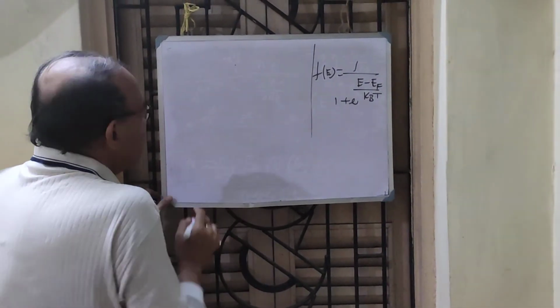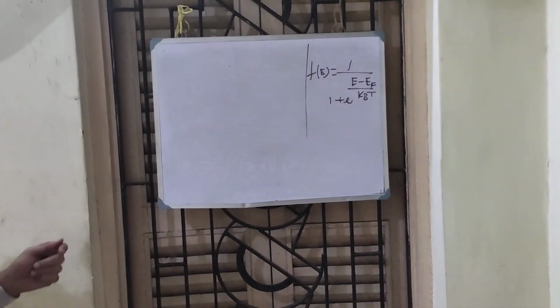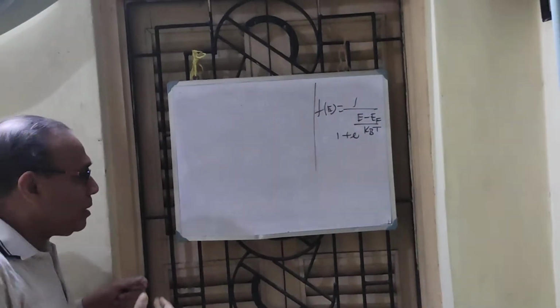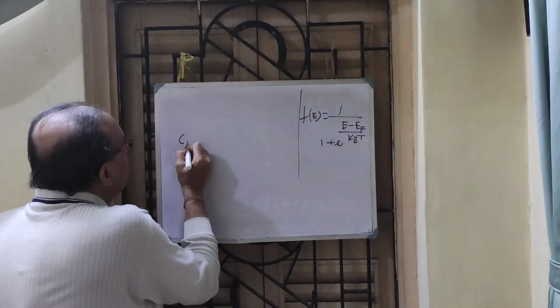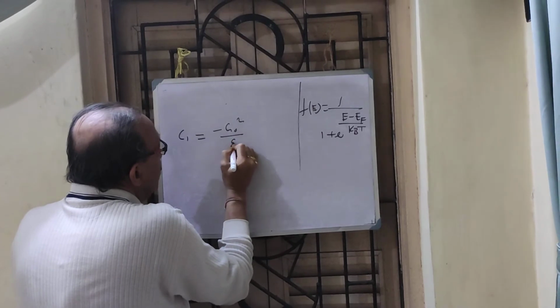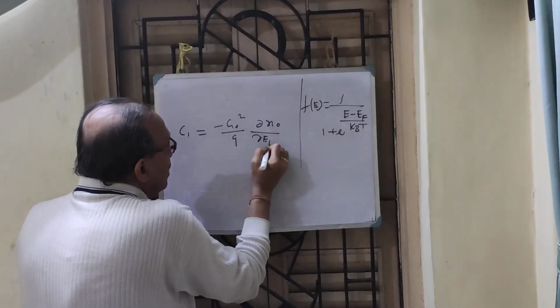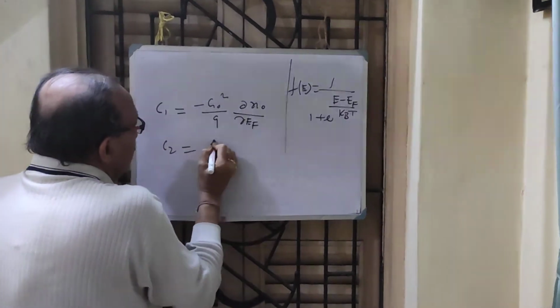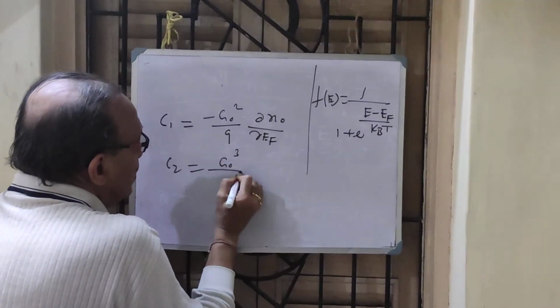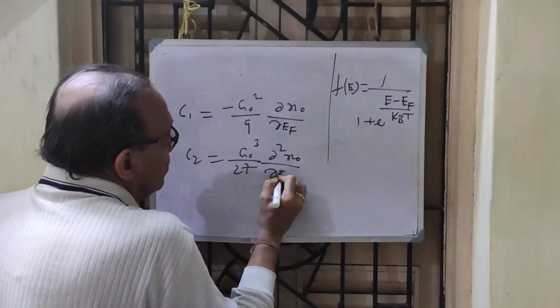Fourth is very important, that we can also know and we can also do. Fourth is elastic constants. You know Young's modulus of one type, but in nanoscience there are two types of elastic constants. One is C1, that is minus g naught square by 9, dn naught df, and C2, g naught cube by 27, d2n naught df2.